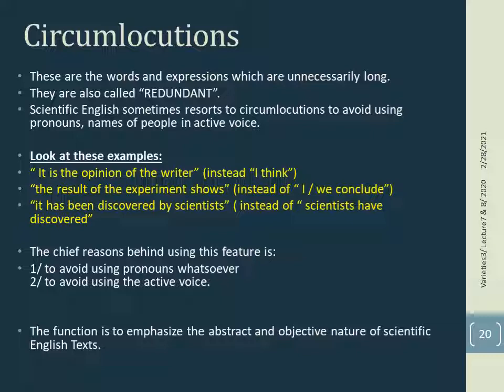We use all these forms of circumlocutions in order to avoid pronouns and the active form. The chief reasons behind using this feature are to avoid using pronouns whatsoever and to avoid using the active form. The function is to emphasize the abstract and objective nature of scientific English text.